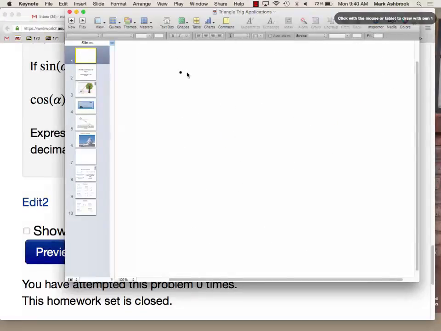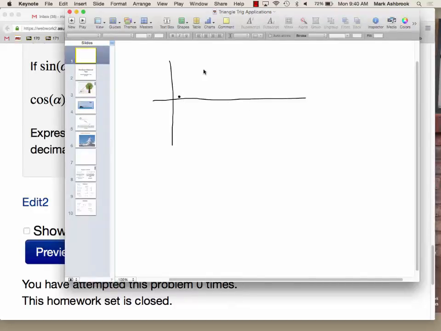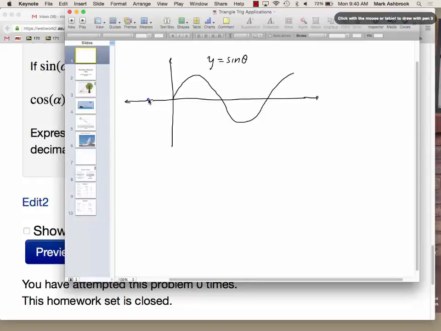Here's another one. So remember we talked about horizontal shifts. Which is this, sine or cosine? Okay, so that's sine. So now if I want to shift it, is this ahead or behind the original sine that I drew?